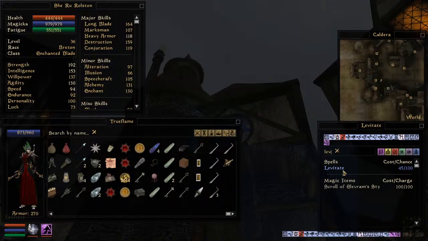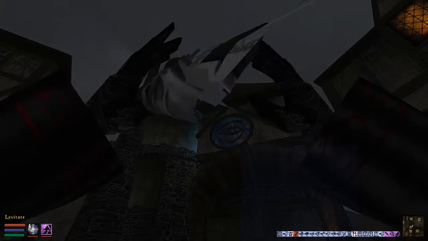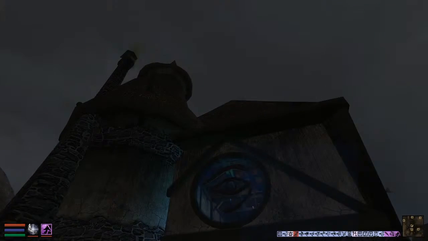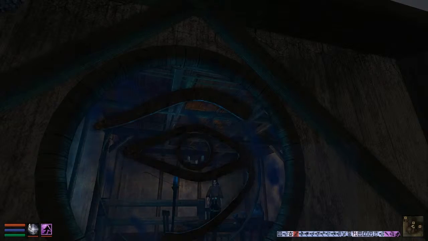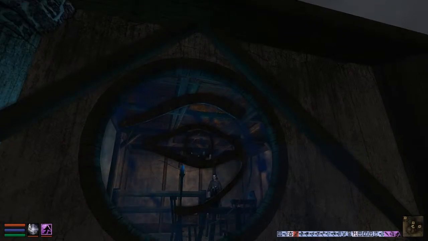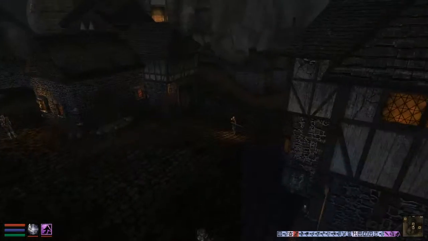I just love this thing, especially at night. Look at this. Forms is always there. Okay.